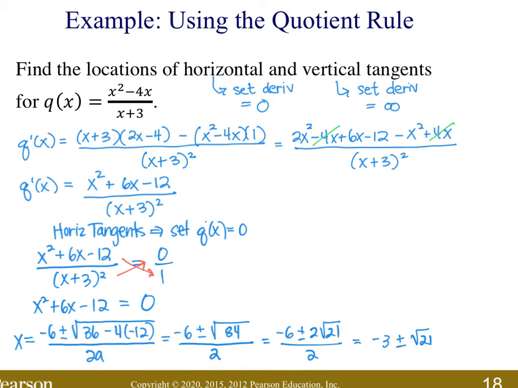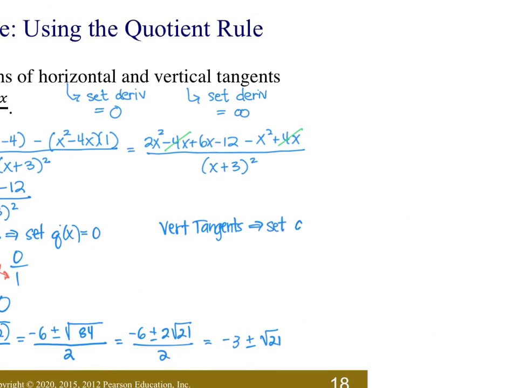All right, now we want vertical tangents. So for vertical tangents, we're going to set q prime equal to infinity.